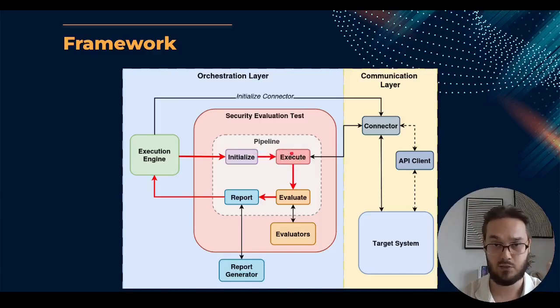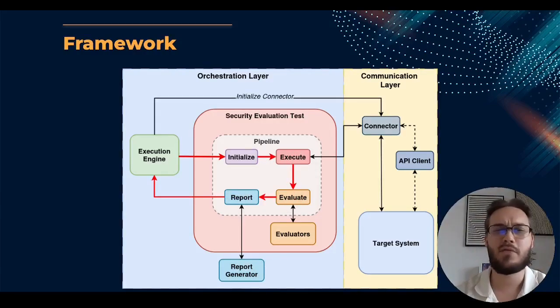Then in the execution phase, the security evaluation test is executed through the connector on the target system, after which the execution results are evaluated with the help of evaluators that determine how the execution went. Finally, in the pipeline, a final report is generated with a report generator from the execution results and evaluation results. Okay, that's enough of theory for this video.